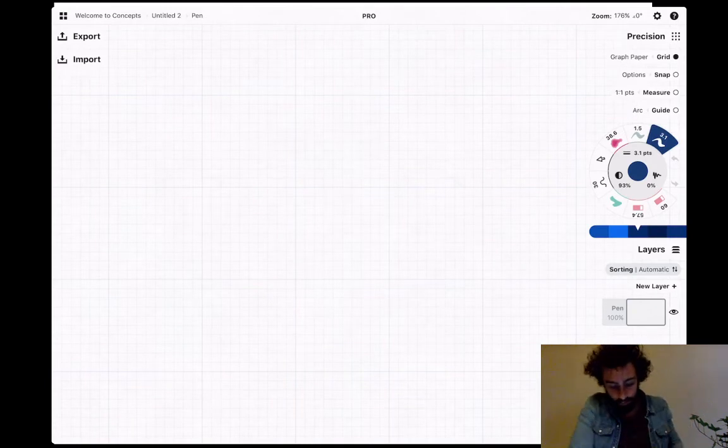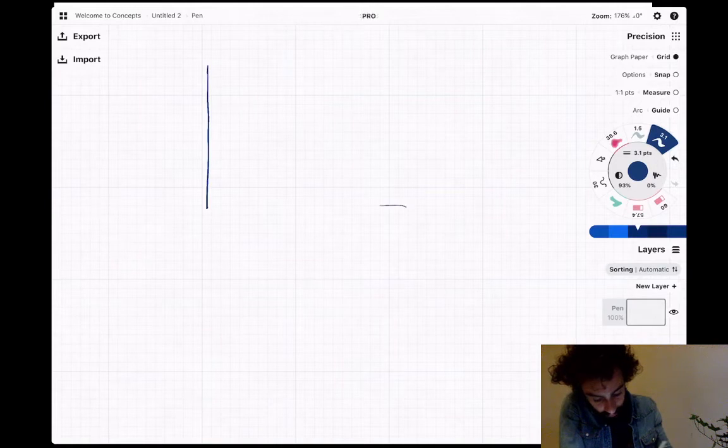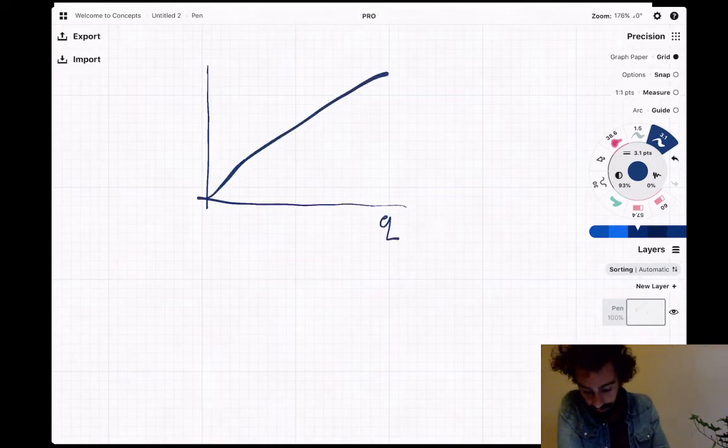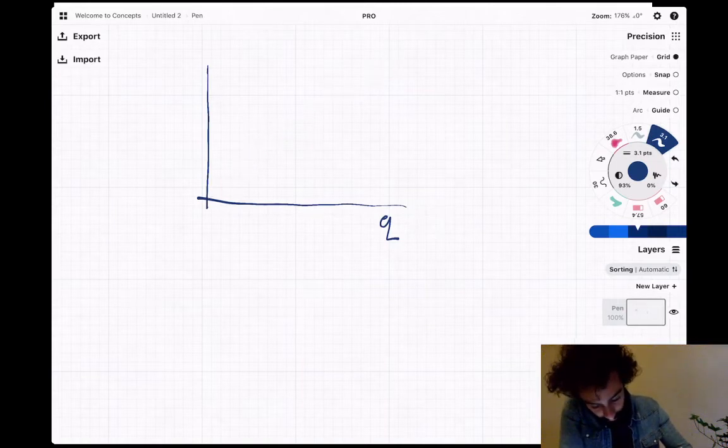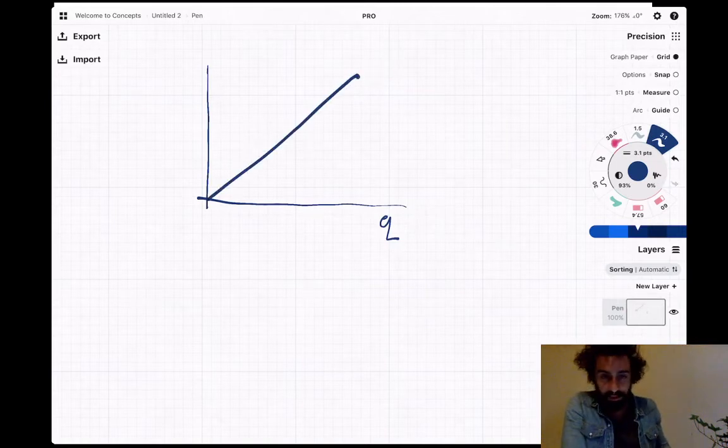So if we start out with a total cost function, so if we have Q and we look at the total cost function and it's just linear, that's supposed to be linear. Maybe I'll try to make it a little bit more linear. So that means that for every unit of output, there's a constant increase in the amount of cost, right?